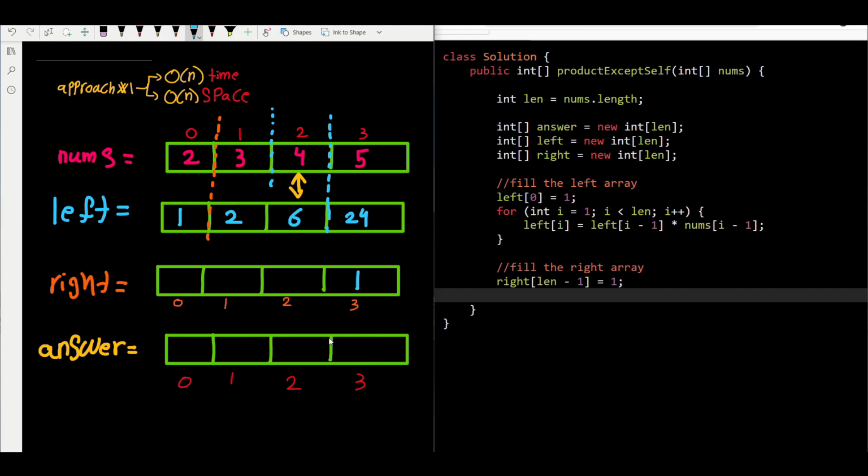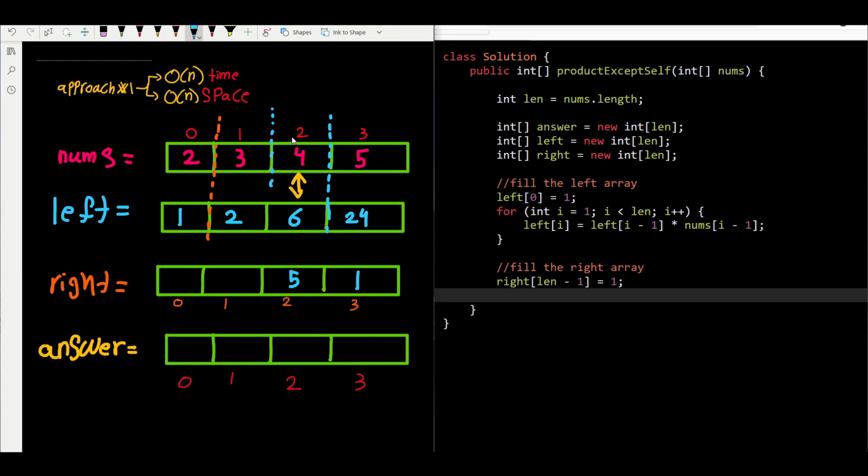Okay, so now let's go to index 2 in nums, and we want to multiply all the numbers to the right of index 2. We can see that we only have one value, which is 5, so we know that this will be 5. But by the same notion as we did here, 5 times 1 will be equal to 5. So let's go to index 1. We go to nums at index 1, and we need to multiply all the numbers to the right of index 1.